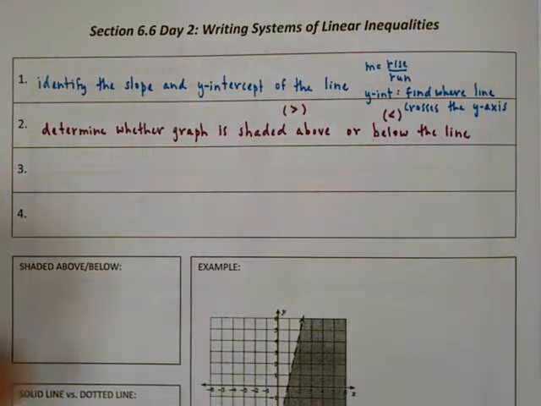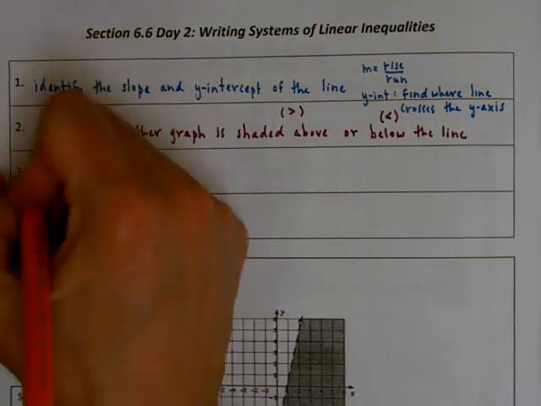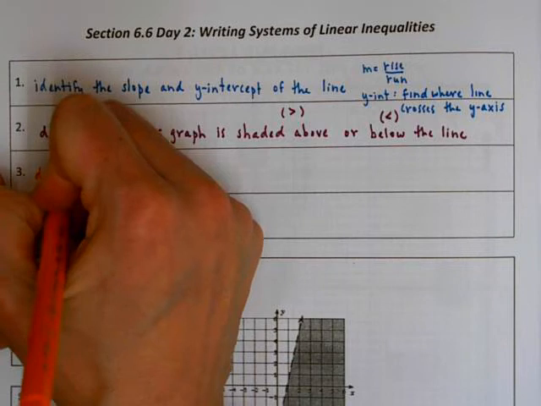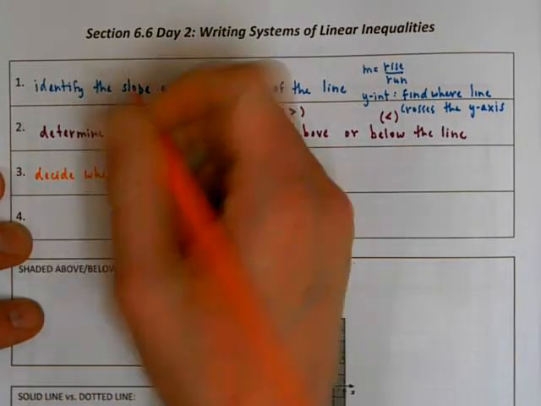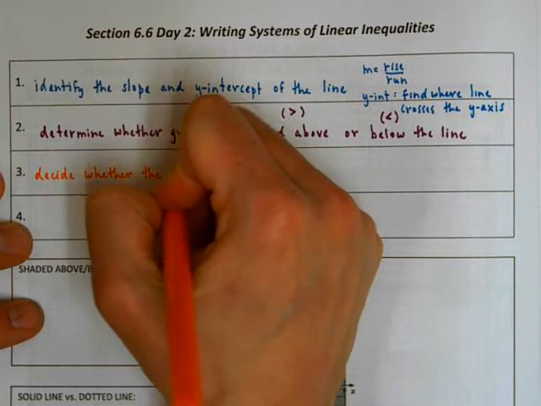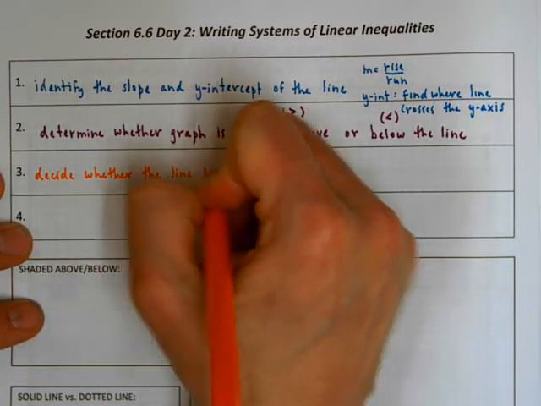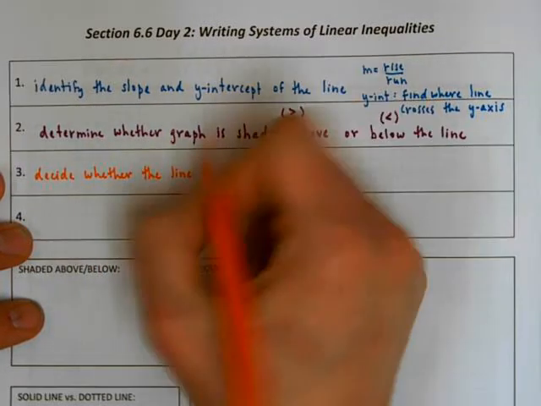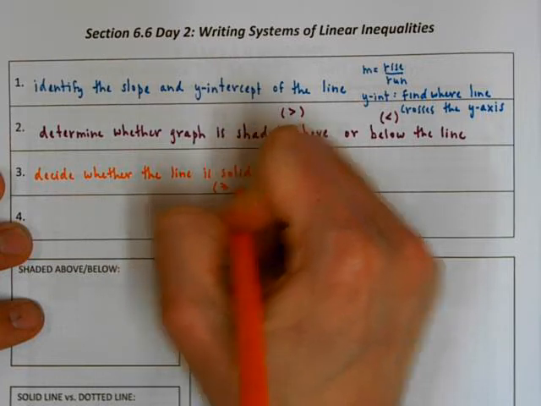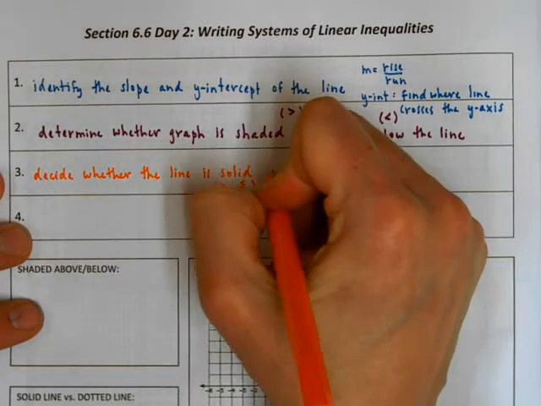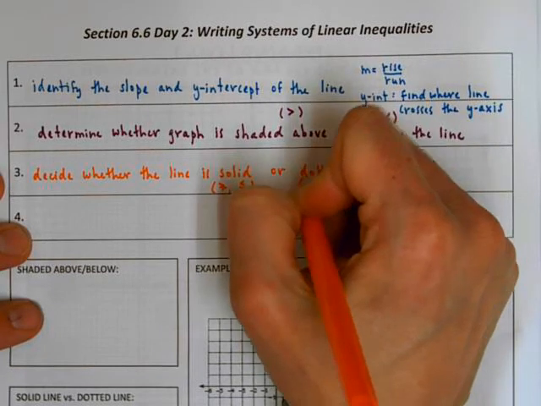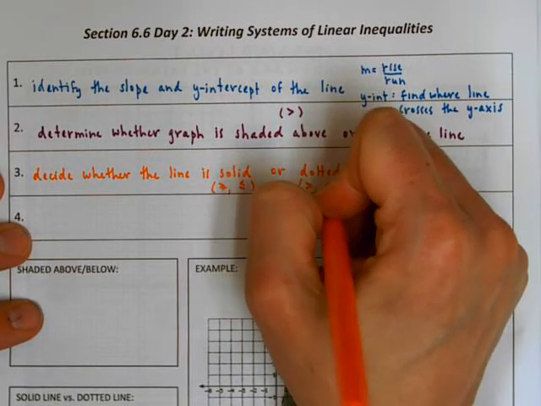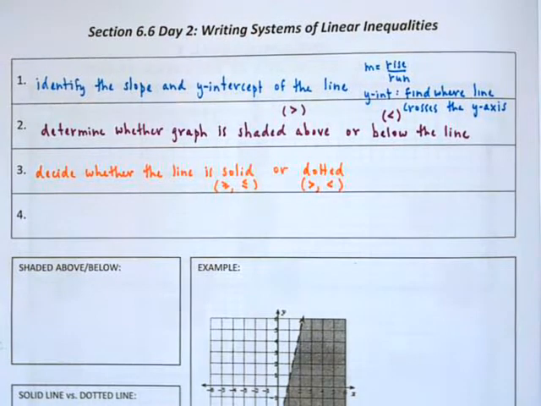Next thing we're going to do is decide whether the line is solid, meaning then we'd have to have greater than or equal to or less than or equal to, or whether it's dotted, which would mean we have just a strictly greater than or just a strictly less than sign.